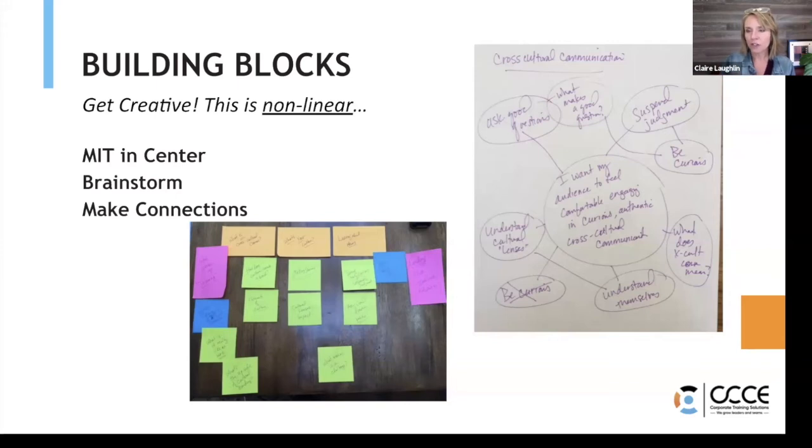So, for example, this one is just a picture of a class that I was building at one point about cross-cultural communication. I wrote in the middle, I want my audience to feel comfortable, engaging, and curious, authentic. That's what I was working on. So then I just started to mind map it. How do they do that? Well, they need to be able to ask good questions and suspend judgment and be curious.